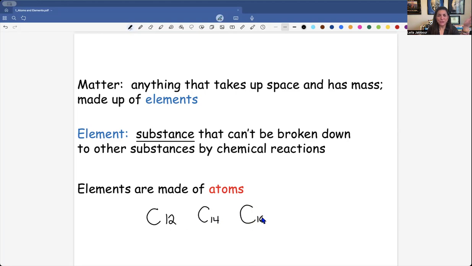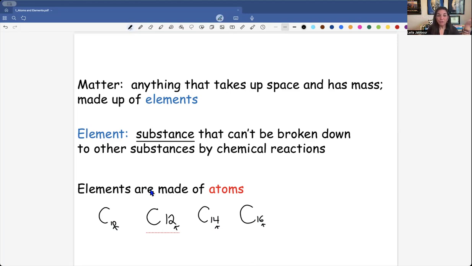So I think there's a 16, maybe there's a 10. I forgot the different kinds of carbon, but these are different kinds of carbon. They're all carbon, the atom of carbon, but because they have slightly different atomic mass, and we're going to talk about atomic mass in a little bit, they vary in their physical properties.